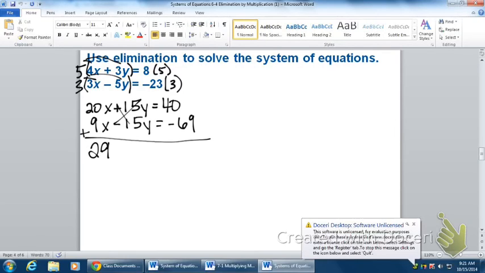So that gives me a 29x is equal to a negative 29. Last thing to this is divide both sides by 29. That leaves me with x is equal to a -1. Does everybody understand that?